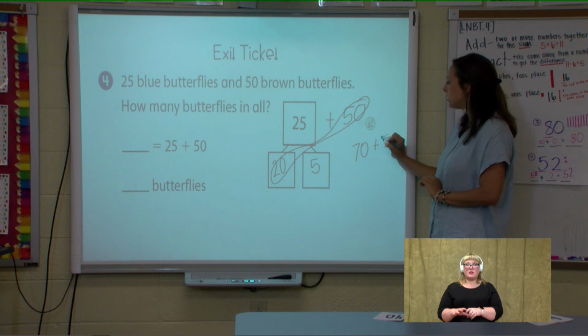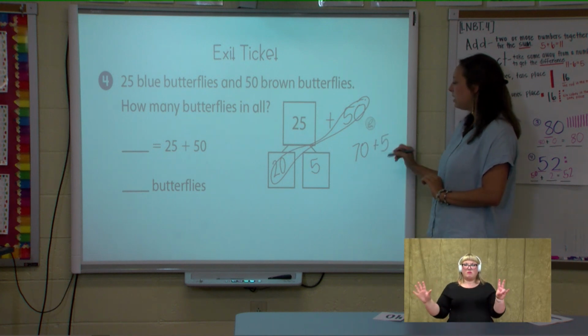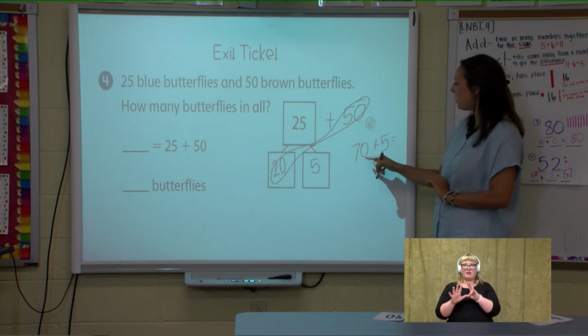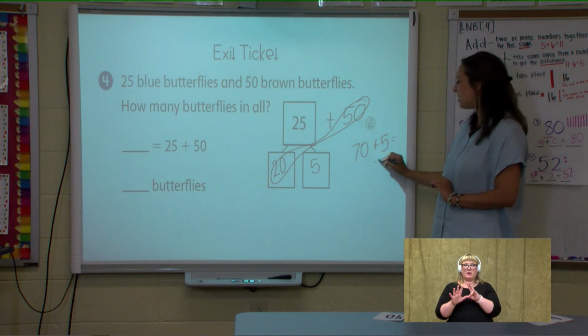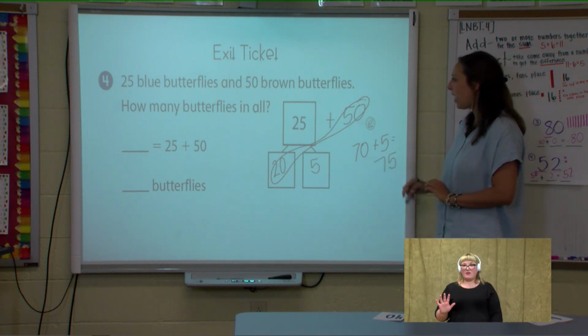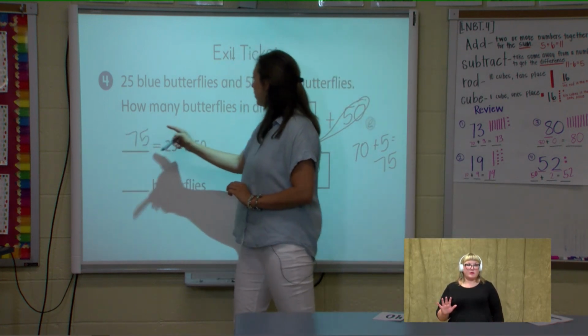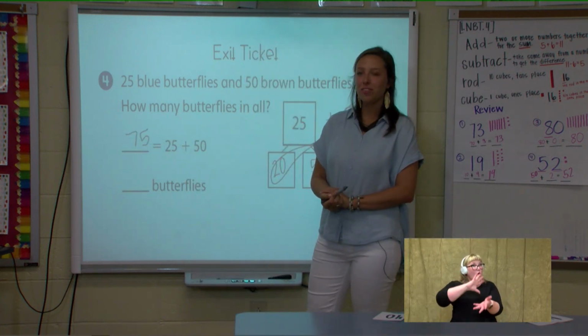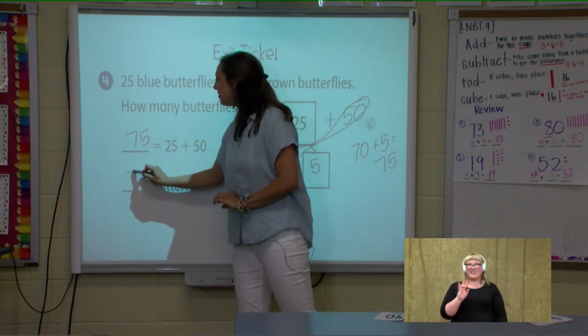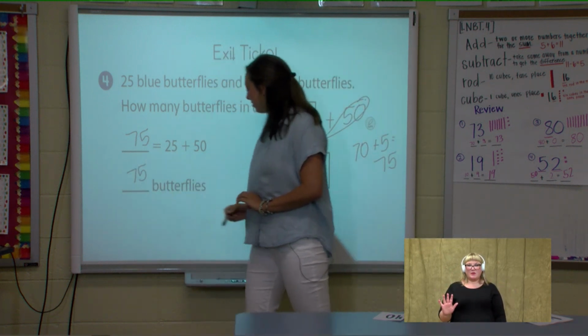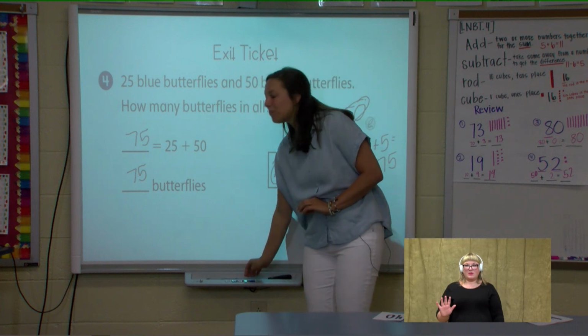Plus our ones is 5. So 70 plus 5 gives us 75. So how many butterflies did you catch in all? You caught 75 butterflies in all.